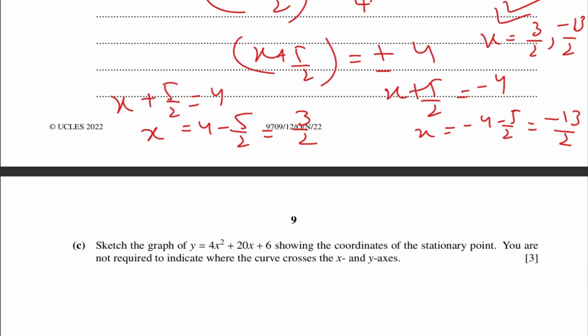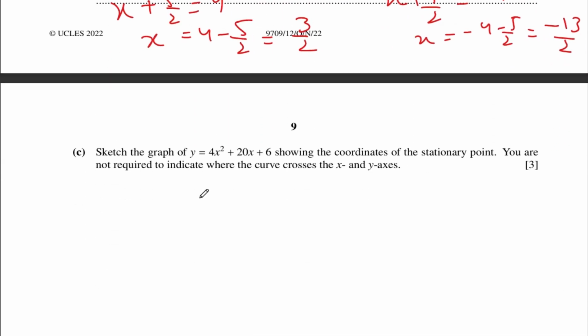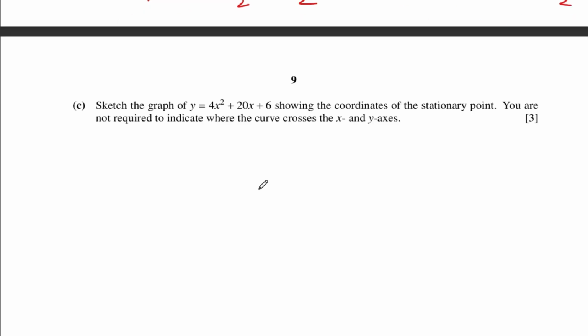Next, sketch the graph of y equals 4x square plus 20x plus 6, showing the coordinates of the stationary point. You are not required to indicate whether the curve crosses the x-axis and y-axis. So as we have already highlighted, it is like this: y equals 4(x plus 5 over 2) square minus 19.